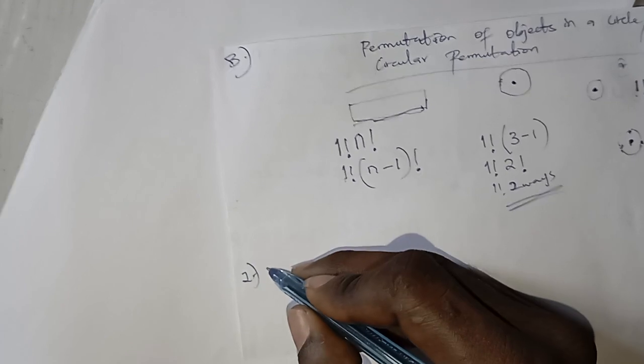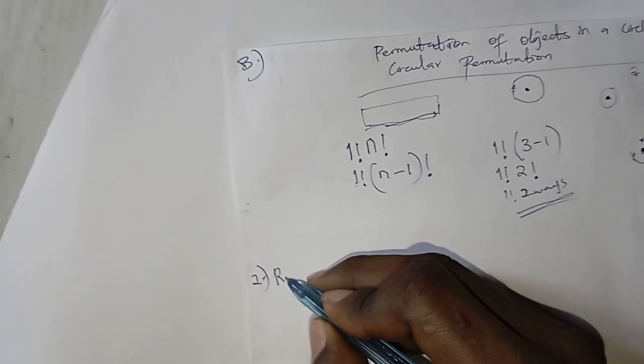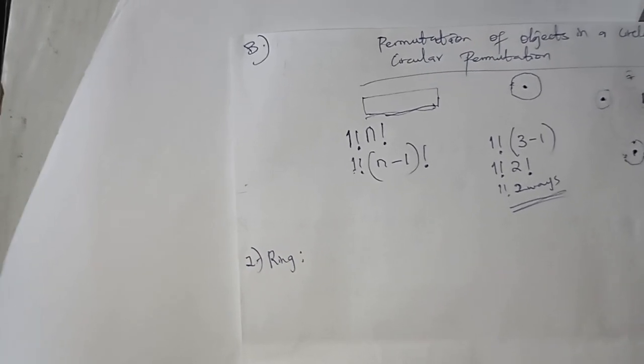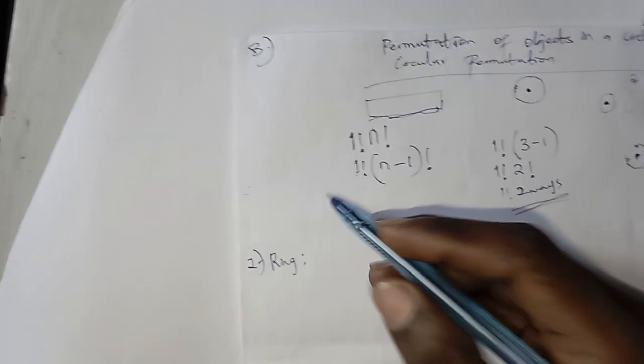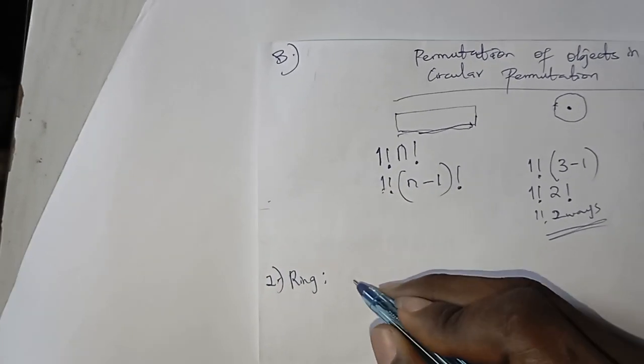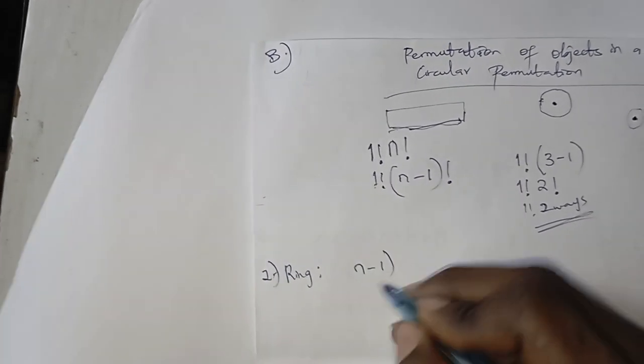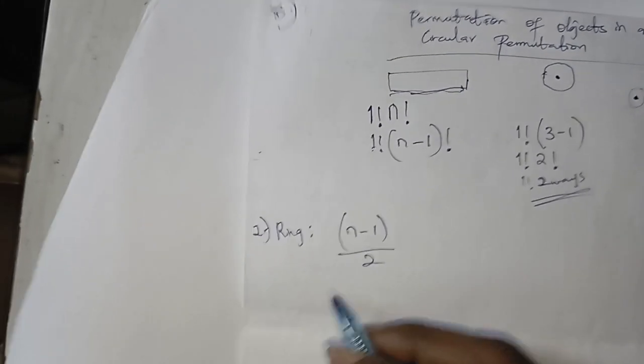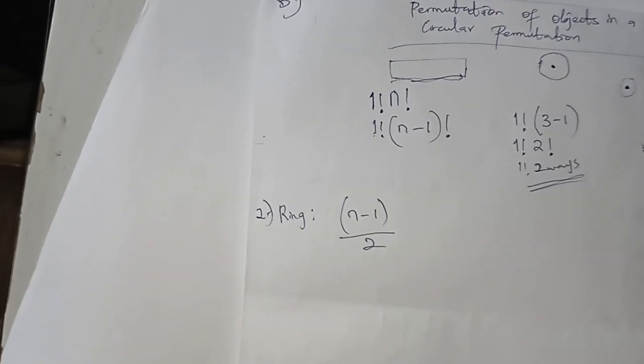An object that can be turned over, example is the ring. When you hear a question and they give you a question, it's talking about a ring. Anything that you know that is a circle, but you know that it can be turned over. What we use in this case is simply n minus 1 all over 2. Very important. So if they ask me, let's take an example here.